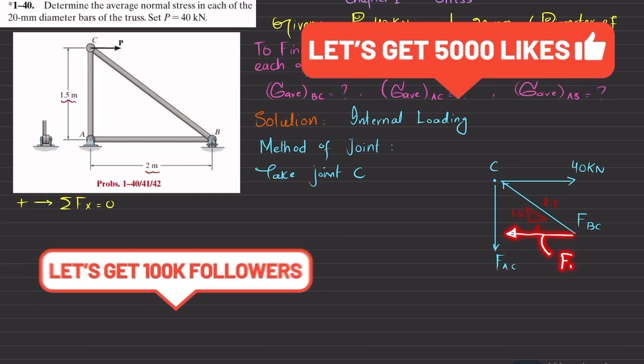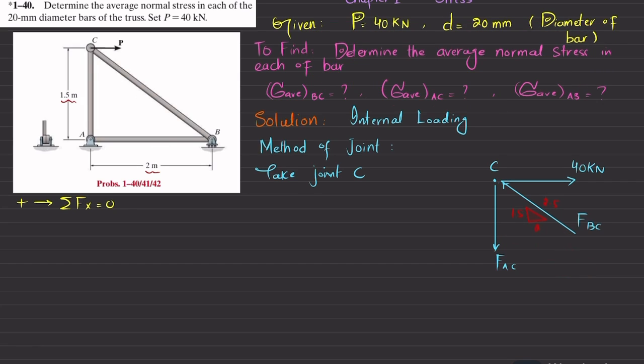So I will write its two components: one in this direction and the second one in this direction. This component will be the FBC x component and this component will be the FBC y component.